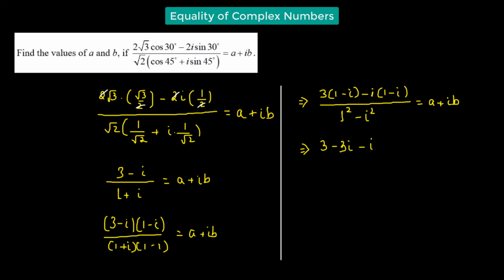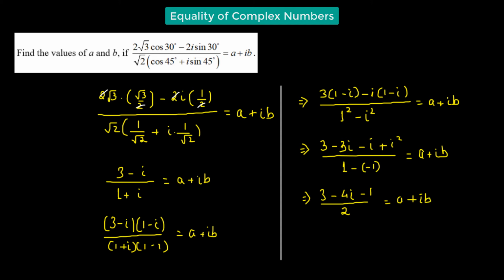minus i times 1 is negative i, plus i squared, divided by 1 minus of negative 1, which is equal to a plus ib. So this gives us 3 minus 4i minus 1, divided by 2, which is equal to a plus ib.